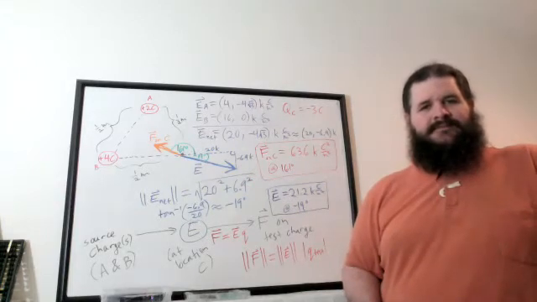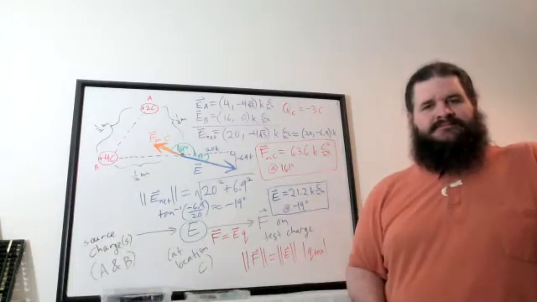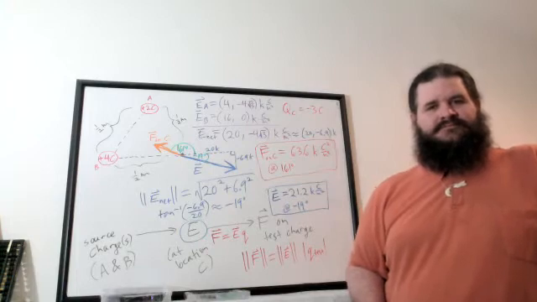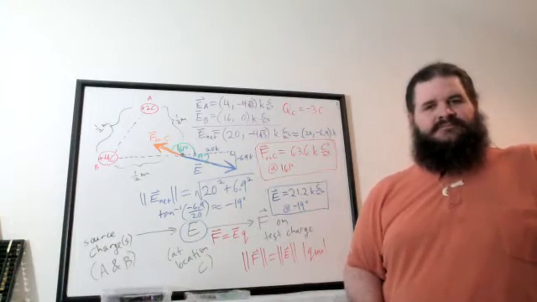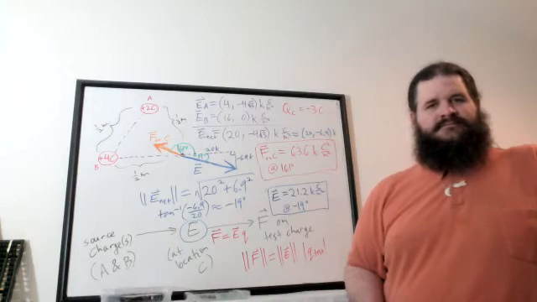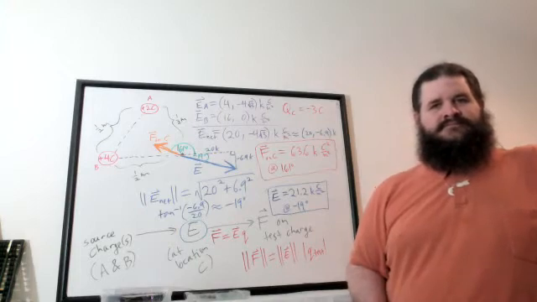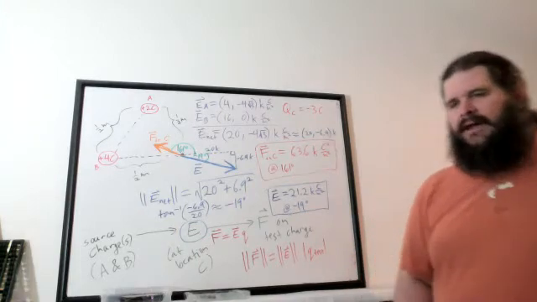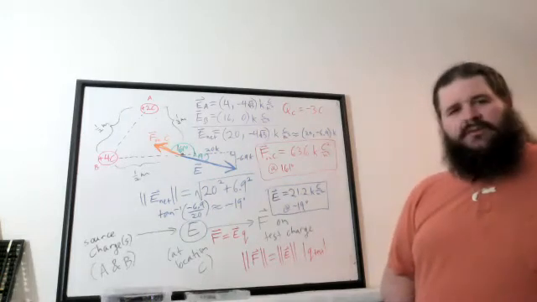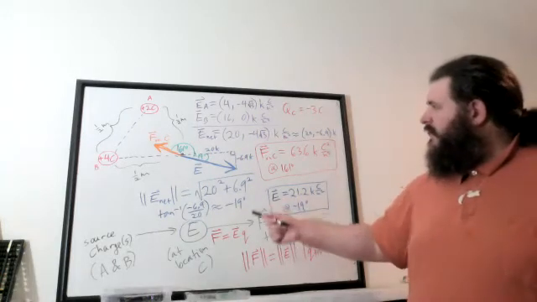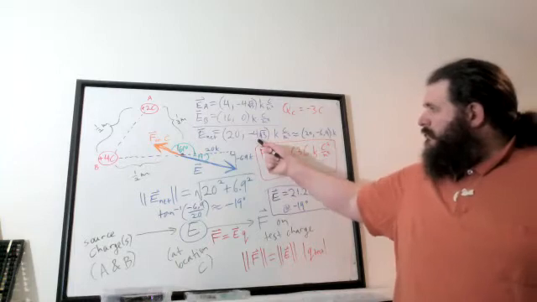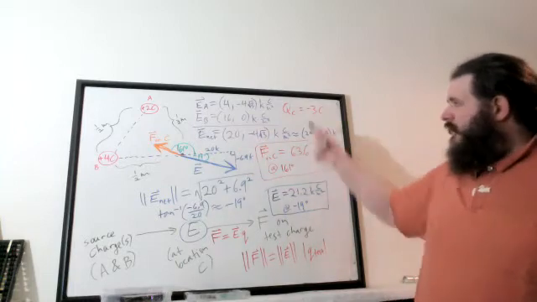Okay, so the way you did it was after you got the magnitude of E net, you multiplied it by the charge? Yeah, because there are actually a couple of ways you could proceed from there. You could leave it in XY components and multiply both components by the charge.